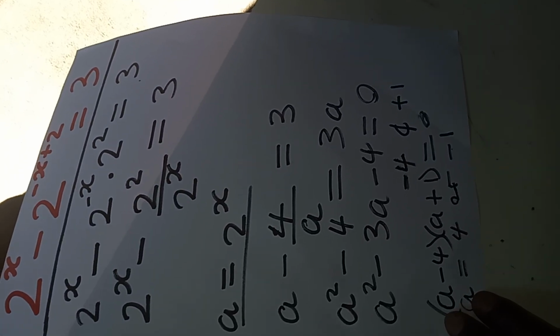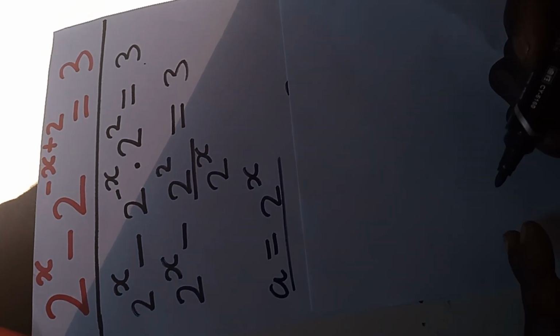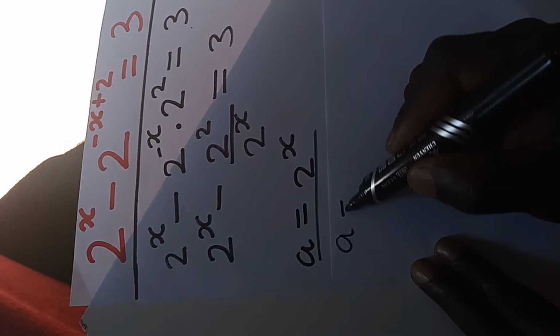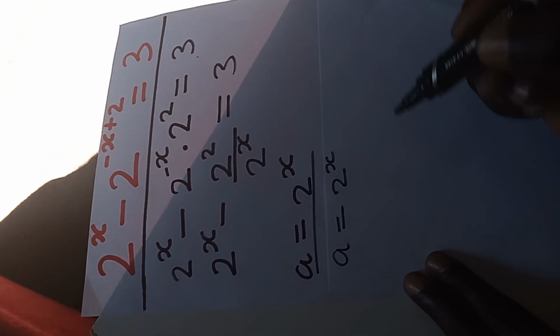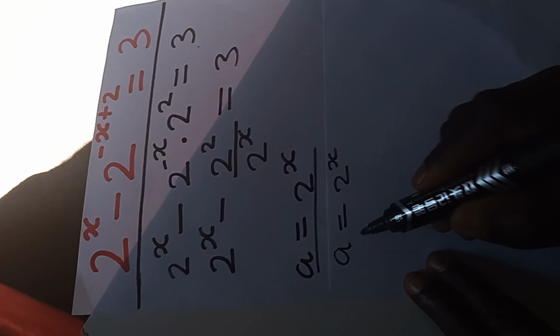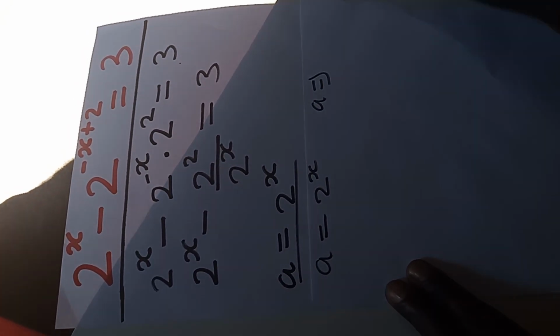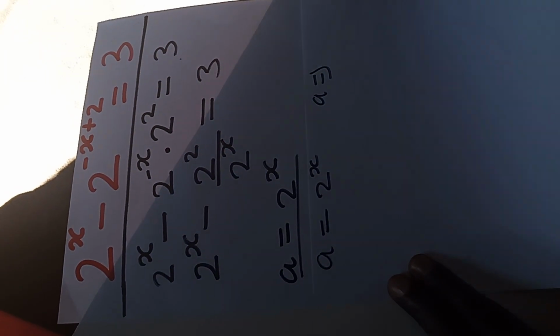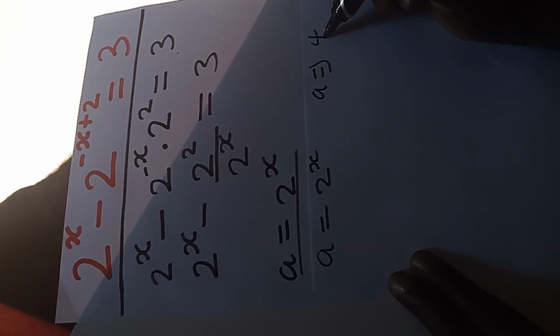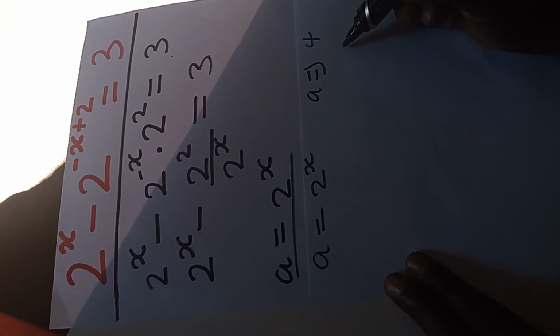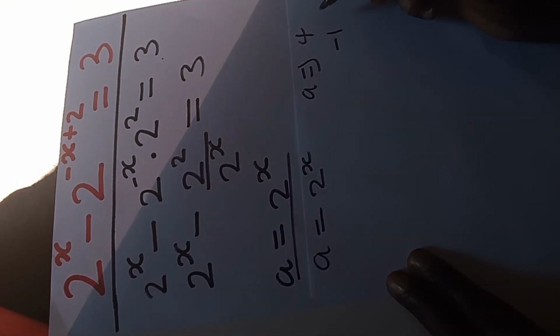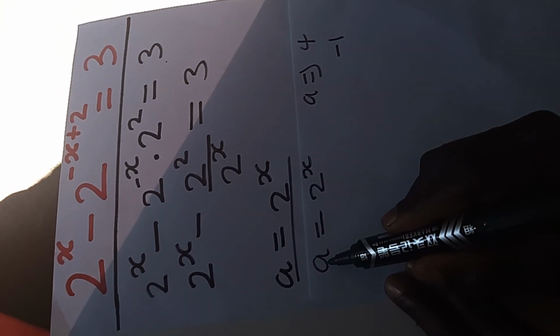So I'm going back to this part here where I equated a is equal to 2 to the power of x. Now, if I have a as 4 and I have a as minus 1, I'm going to try both of these two.